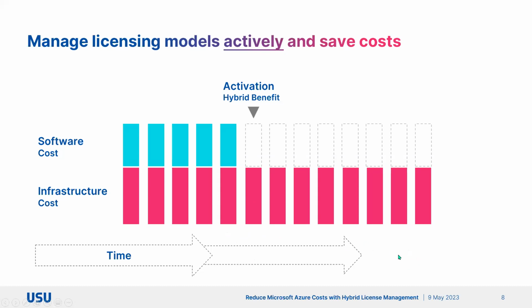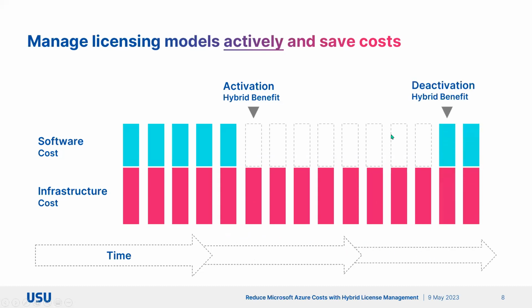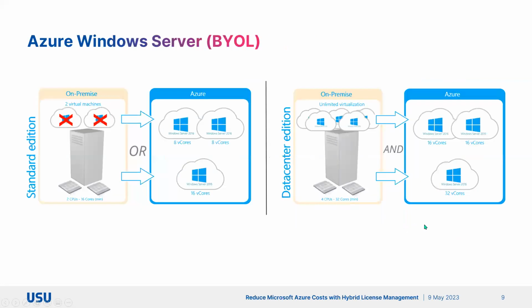And after some time, the situation might change again, so we can go back and deactivate hybrid benefit. And from that very day, we pay the software costs again, the pay-per-use costs. That's the game.